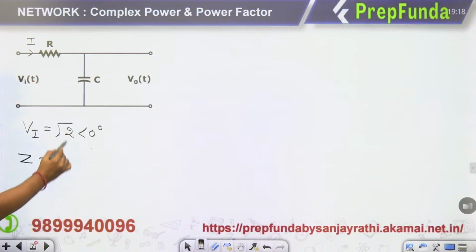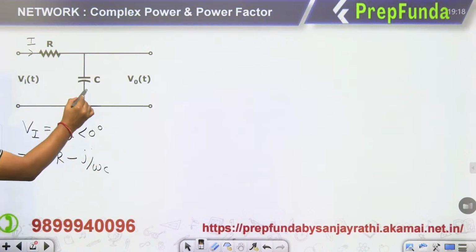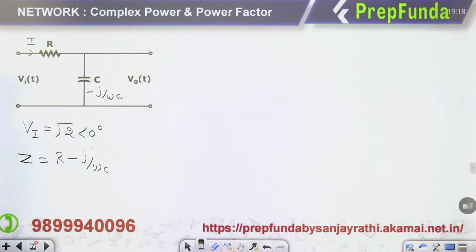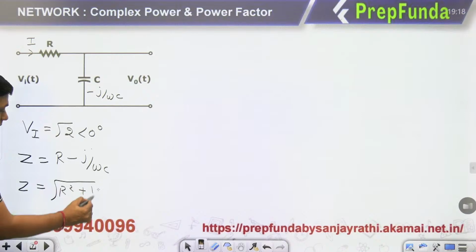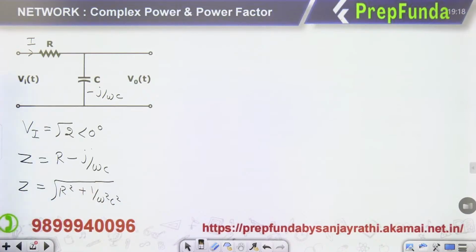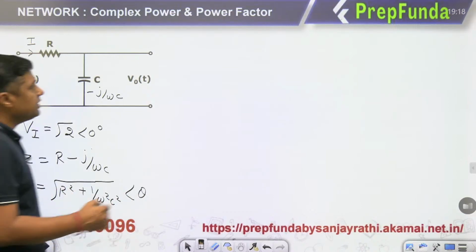R minus j by omega C. This is the real part and that is the imaginary part, meaning this impedance is complex. The magnitude will become root over R square plus 1 by omega square C square. And the phase angle is theta. What is the theta here?